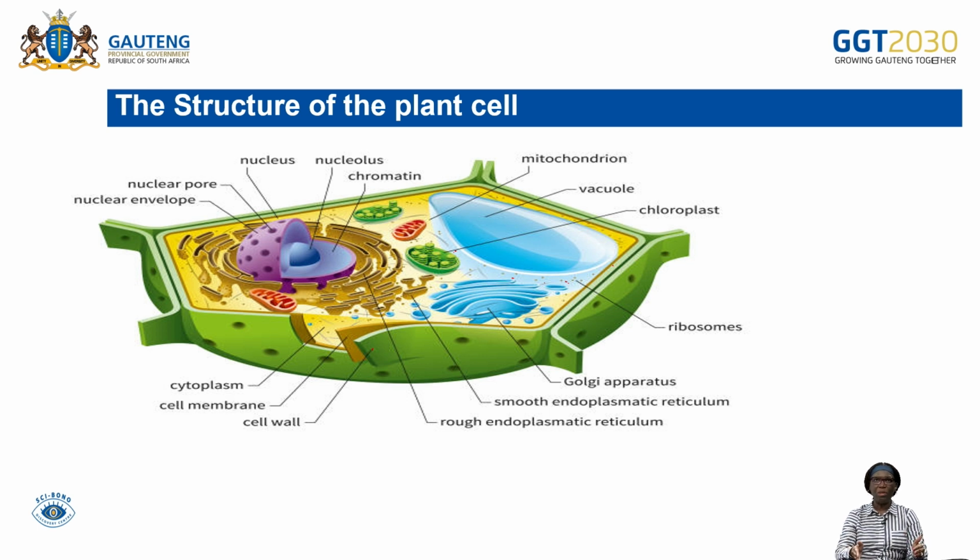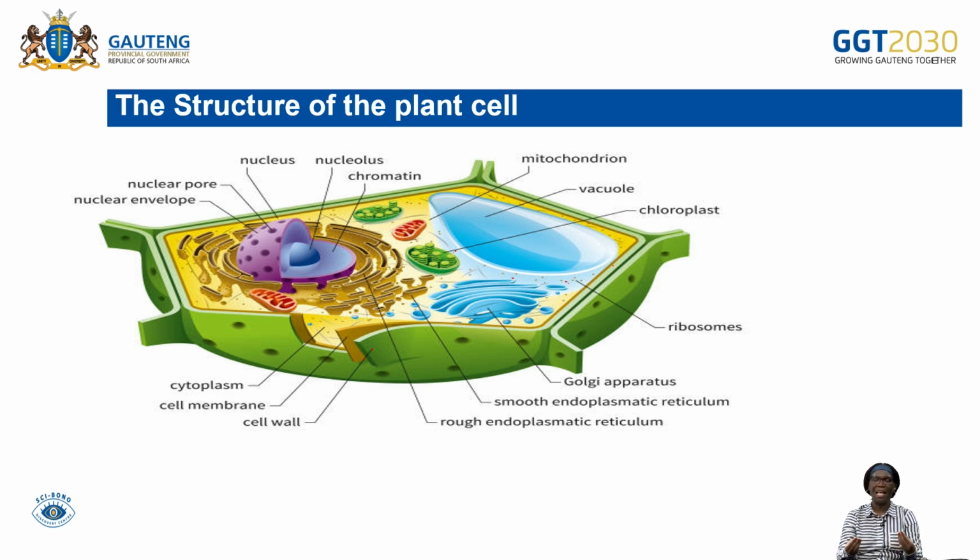We are now going to focus on the plant cell. In grade 10, you will recall that you studied the two types of cells, that is the plant cell and the animal cell.